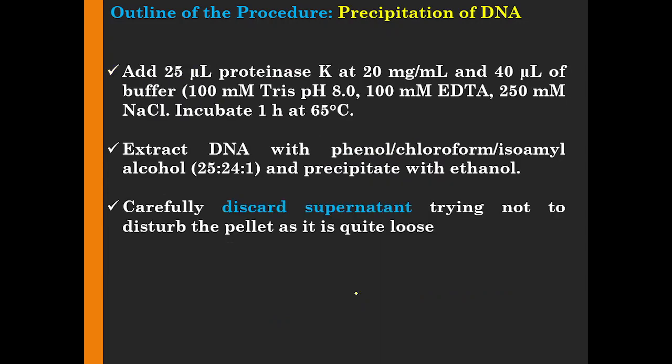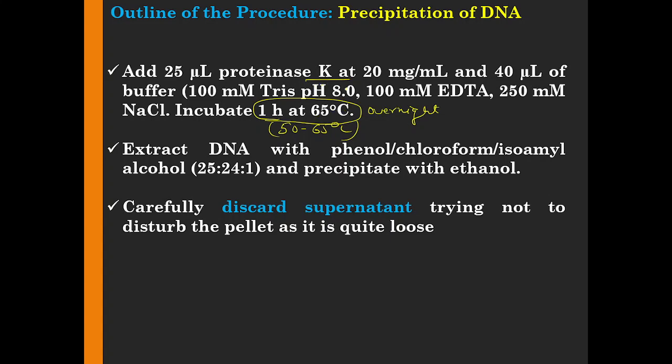Then you will add the proteinase K in this particular concentration, and then incubate at 65 degrees for 1 hour. At this step you can also leave it overnight. It has been found that if you keep the incubation temperature at 55 to 65 degrees, proteinase K has much better activity.